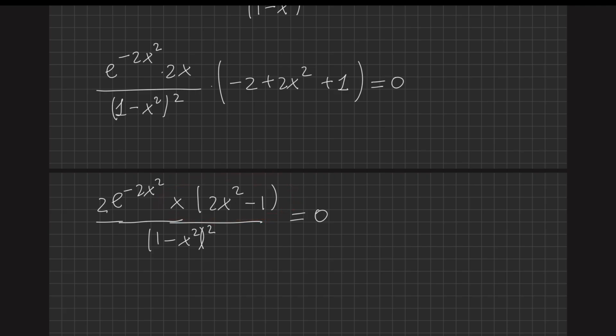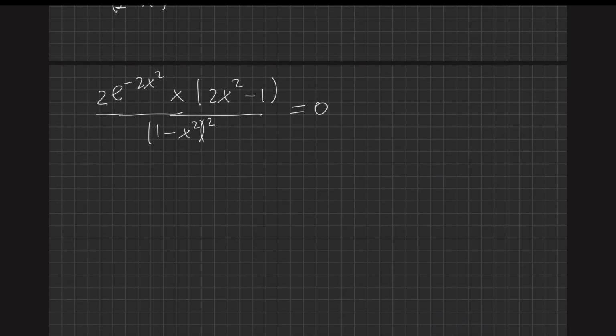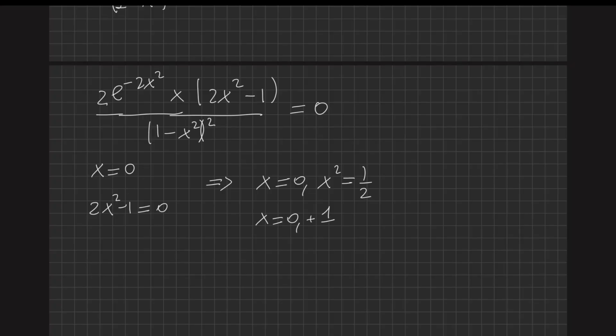In particular, this polynomial is factored, so it's easy to compute its zeros: x equal to 0, and 2x squared minus 1 equal to 0, which means x squared has to be equal to 1/2. So x equal to 0, x equal to plus 1 over square root of 2, or x equal to negative 1 over square root of 2.